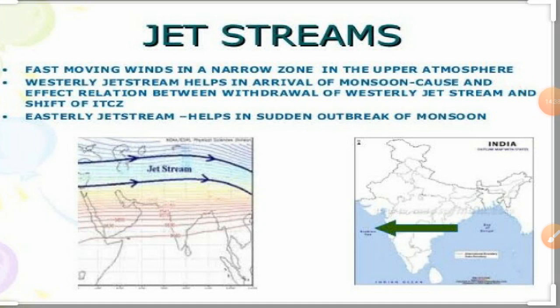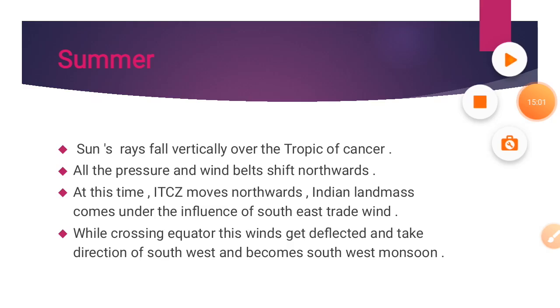It is a fast moving wind in a narrow zone in the upper atmosphere. It is classified into westerly jet stream and easterly jet stream. Westerly jet stream helps in the cause of monsoon. Easterly jet stream helps in the sudden outbreak of monsoon.